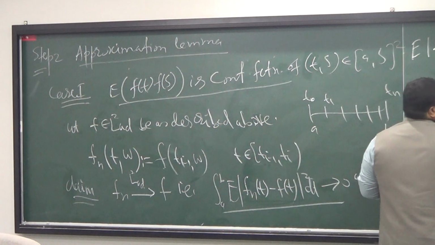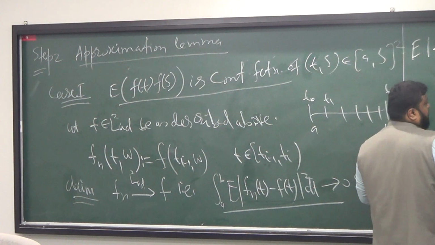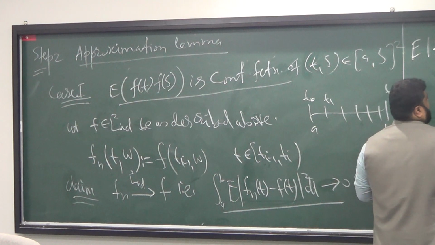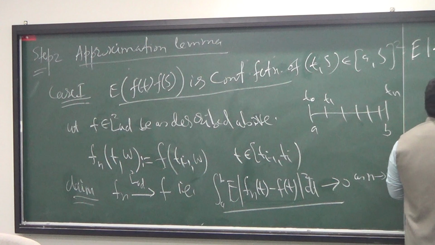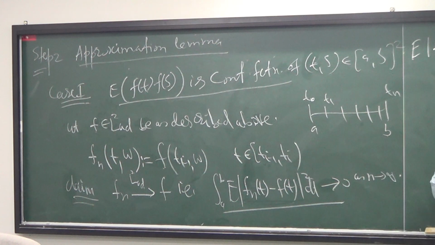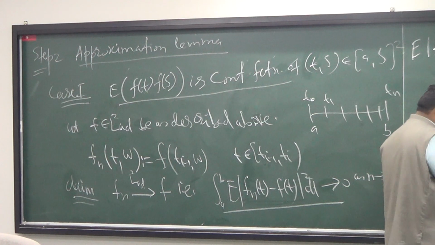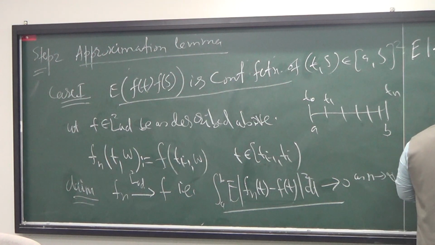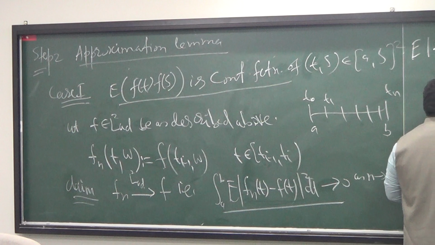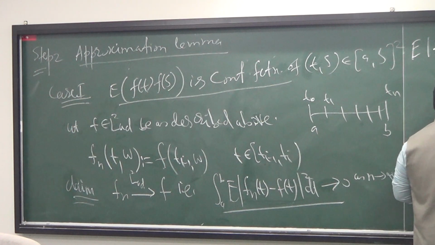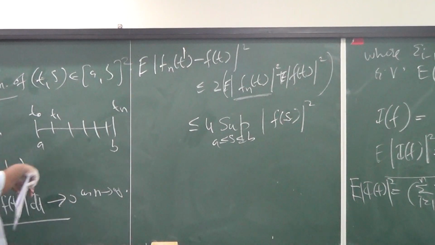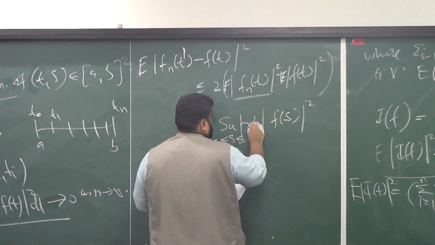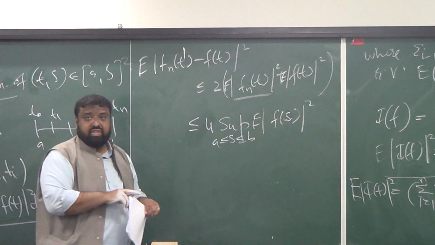And I would say this would be less than or equal to 4 times the supremum of f of s square, where s is something between a to b. I must have expectation as well, yes. Are we happy with it?